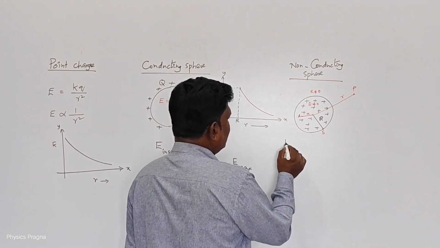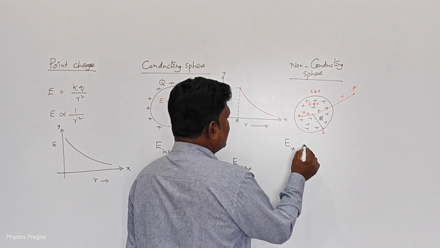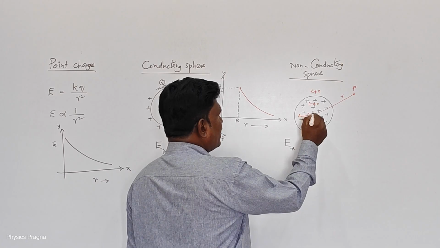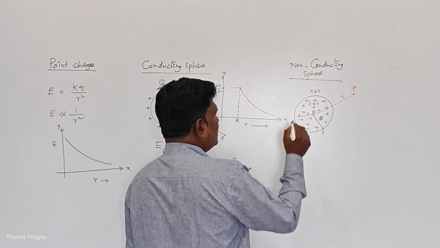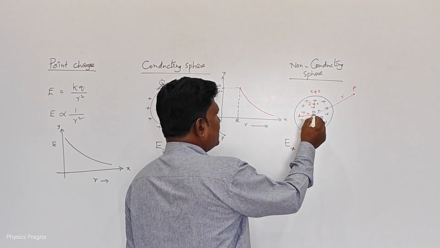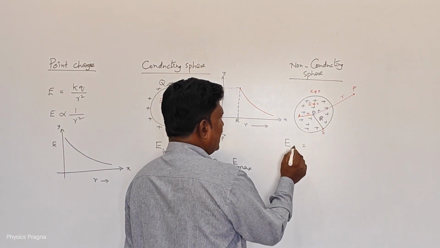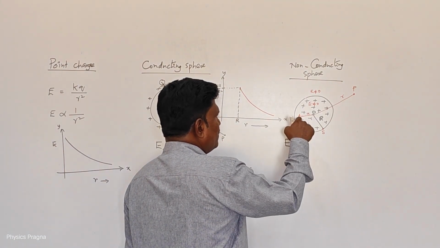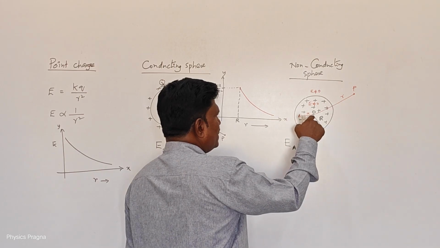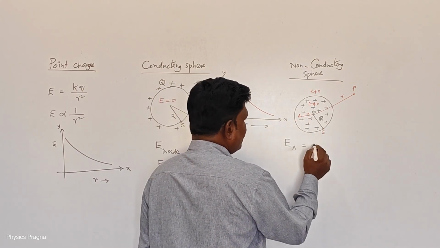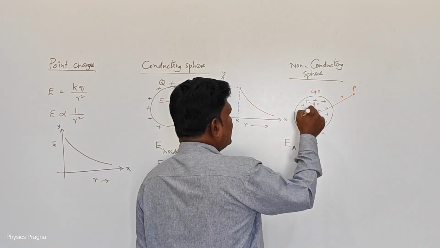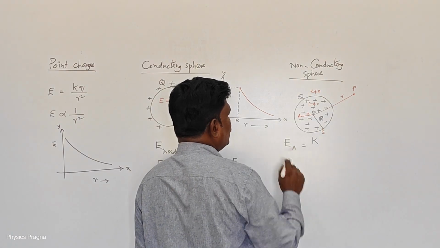See, the electric field at x distance from the origin. This is the center of the sphere. From the center, at x distance at point A, how much distance does A have from the center? X distance. The formula is K, and let us take the charge here as capital Q, a very big charge.